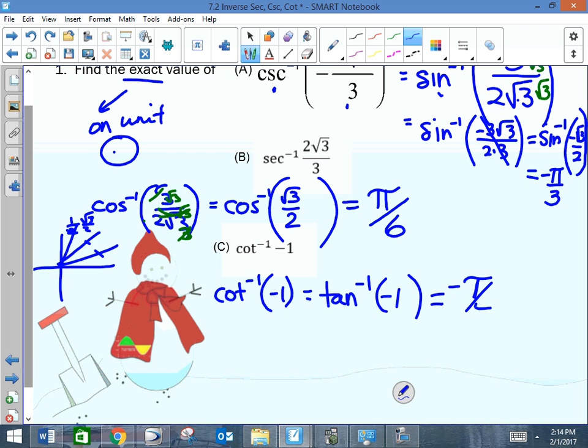Negative pi over 4. Okay. We're a little shaky with the tangent because we don't memorize, but you still have to think, okay, these values are both the same. That's where your tangent is going to be 1, but you need to be in the fourth quadrant, so that's negative pi over 4. Good work.